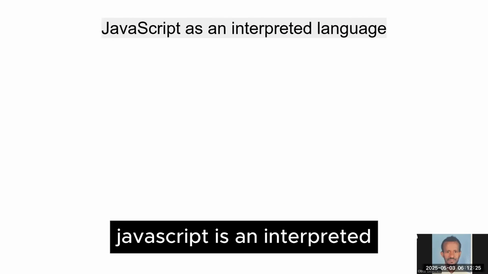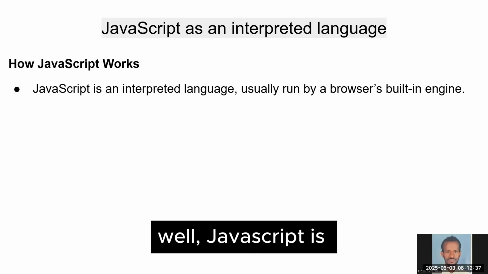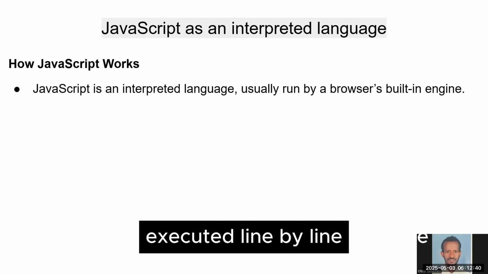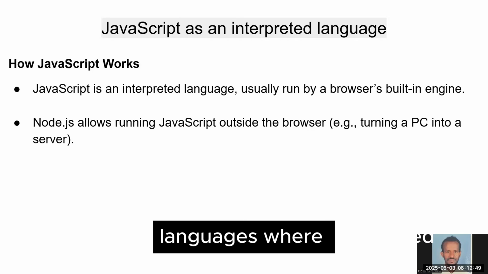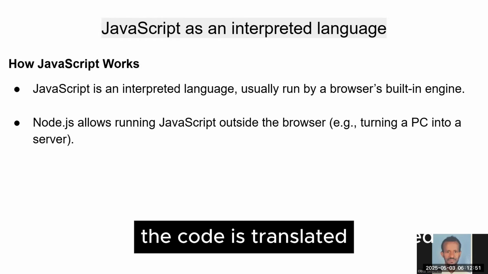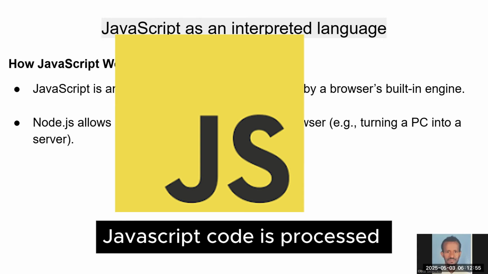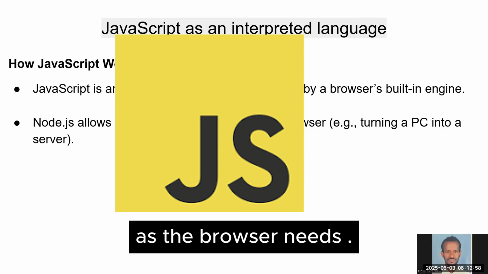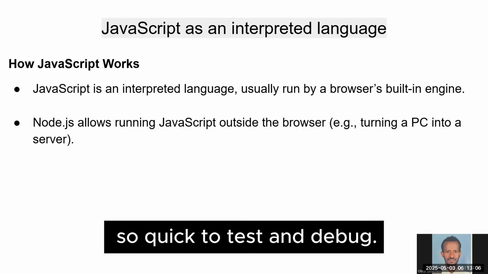JavaScript is an interpreted language. What does it mean? Well, JavaScript is executed line by line by the browser's engine. Unlike compiled languages where the code is translated before execution, JavaScript code is processed as the browser needs it. This is what makes JavaScript so quick to test and debug.